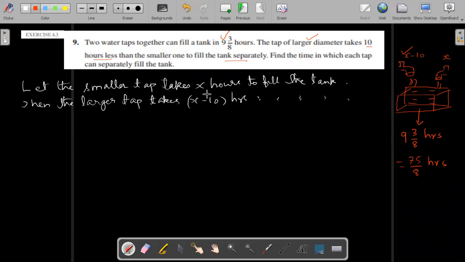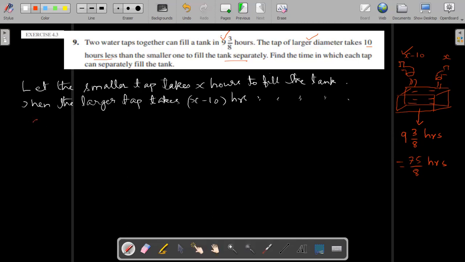The smaller tap takes x hours to fill the entire tank, and how much will it fill in 75 by 8 hours? In 1 hour, it is filling 1 by x portion.